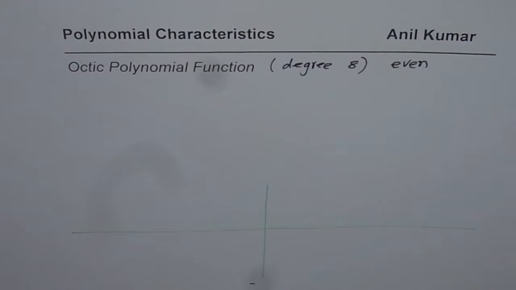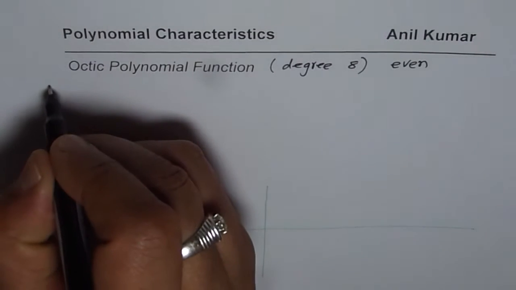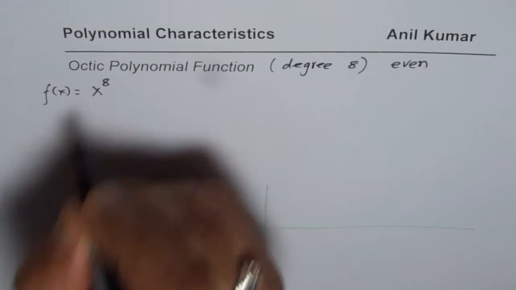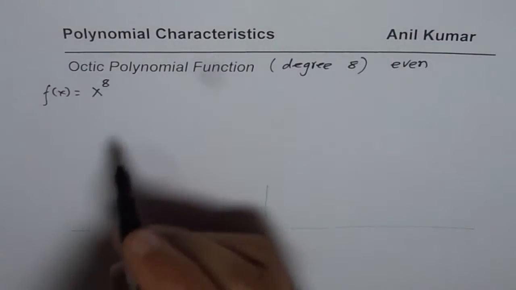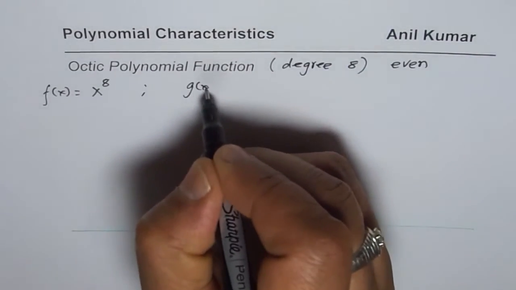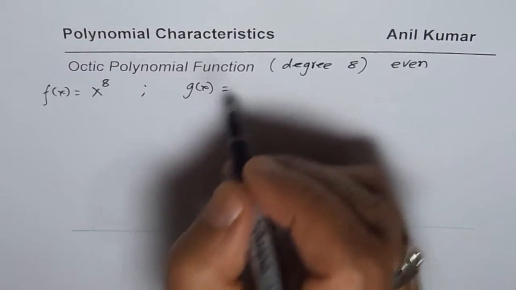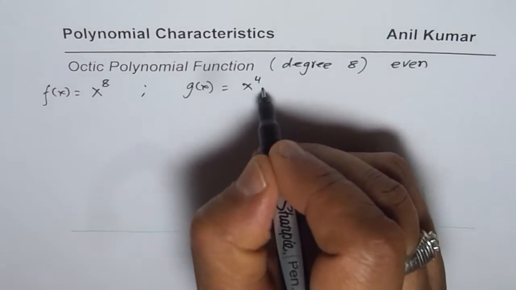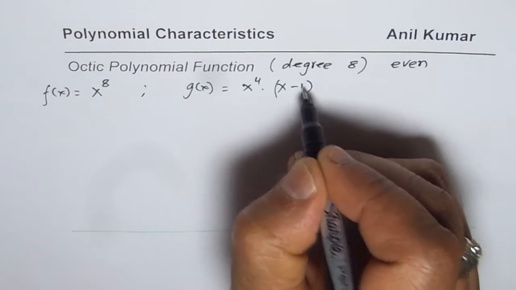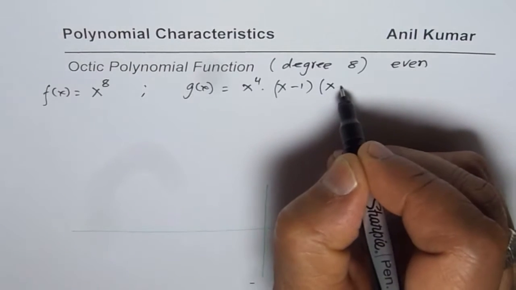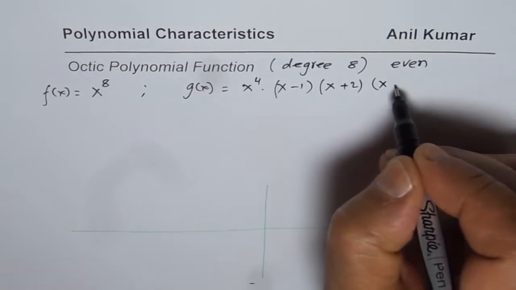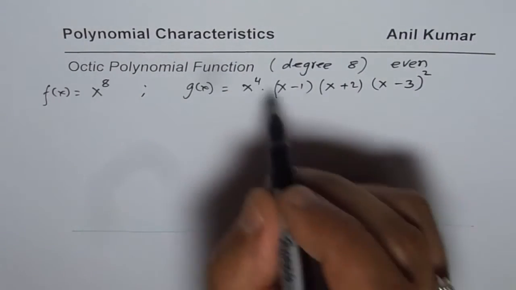Now the parent octic polynomial will be f of x equals x to the power of 8. When we say octic, we could have polynomials like g of x equals x to the power of 4 times x minus 1, so 4 plus 1 is 5, and then we can have x plus 2, that is 6, and then we can have x minus 3 squared, that makes it 8.